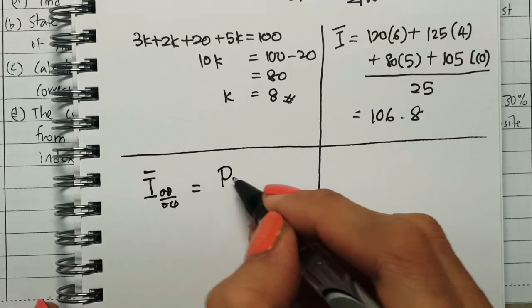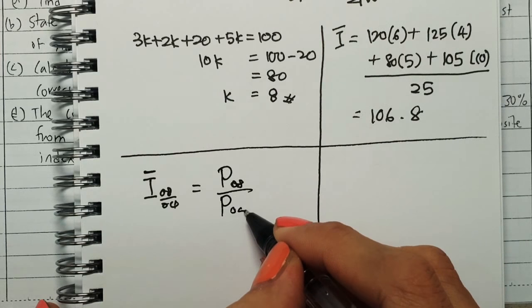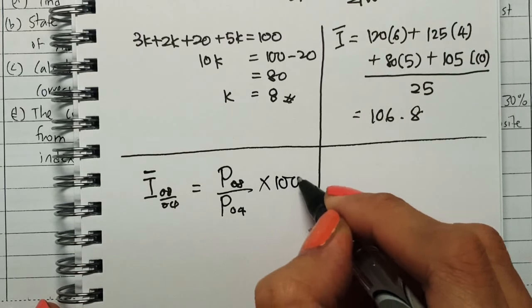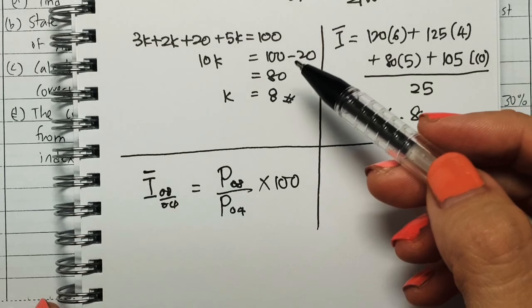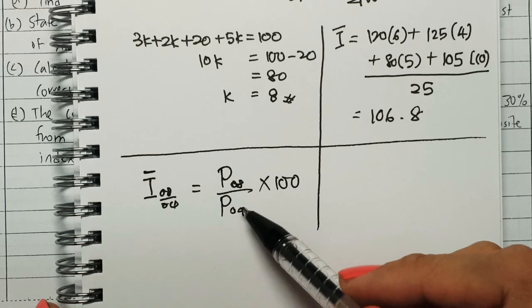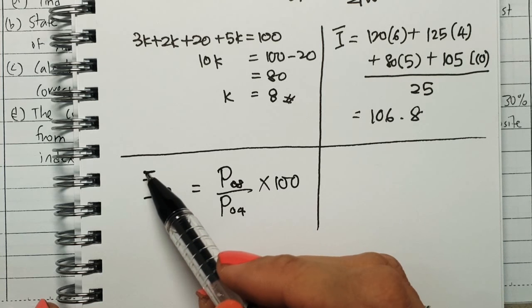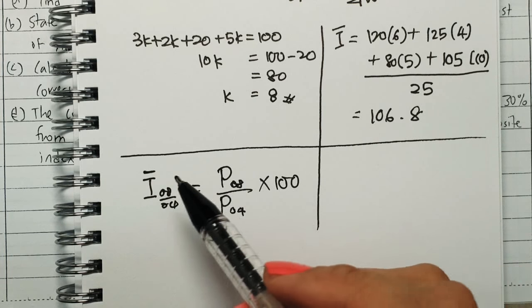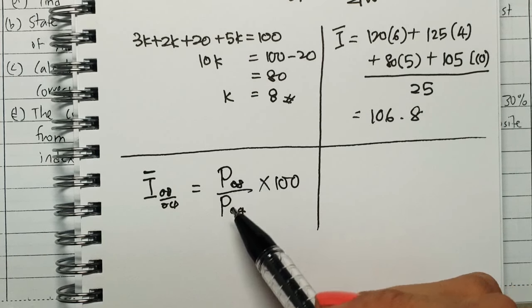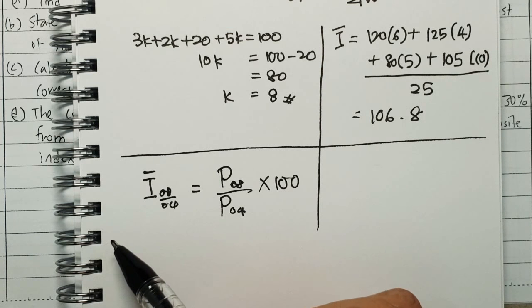So the price of the soap in year 2008 over the price of the soap in year 2004 times 100. The difference between this and the previous formula, also P08 over P04, is that this one has an extra bar on top that shows the average, but the previous one is just for the individual item. This one is for the overall item which gives us the end product of the soap.